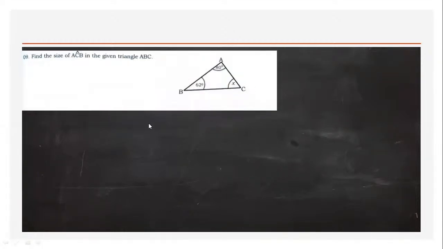Find the size of angle ACB in the given triangle ABC. You know the angle sum of a triangle is 180.